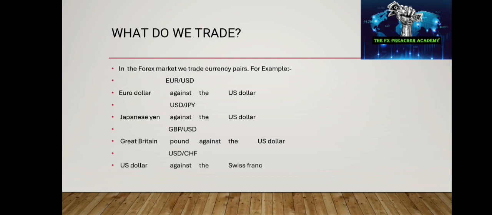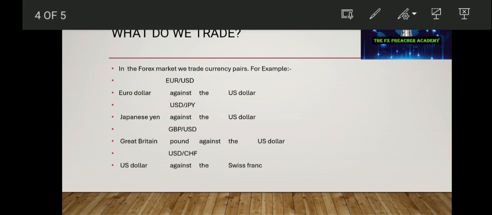Why do we trade currency pairs? Like this first example, euro against the US dollar. Why do we not just trade only the euro and only the US dollar?